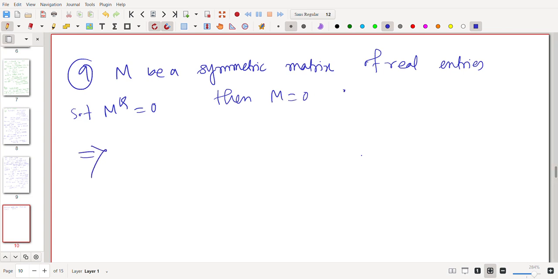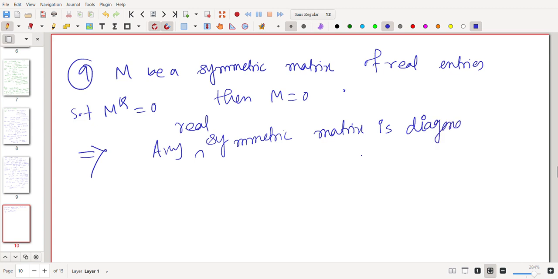We have to show this, right? So we know any real symmetric matrix is diagonalizable. Any real symmetric matrix is diagonalizable.